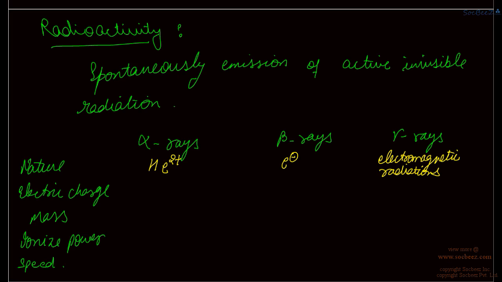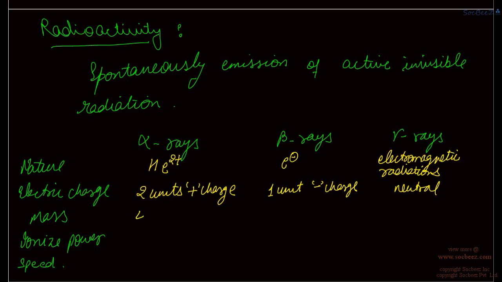Now electric charge: alpha has 2 units positive charge, beta has 1 unit negative charge, and gamma rays are neutral. They are just electromagnetic radiation similar to X-rays, but with a much shorter wavelength.